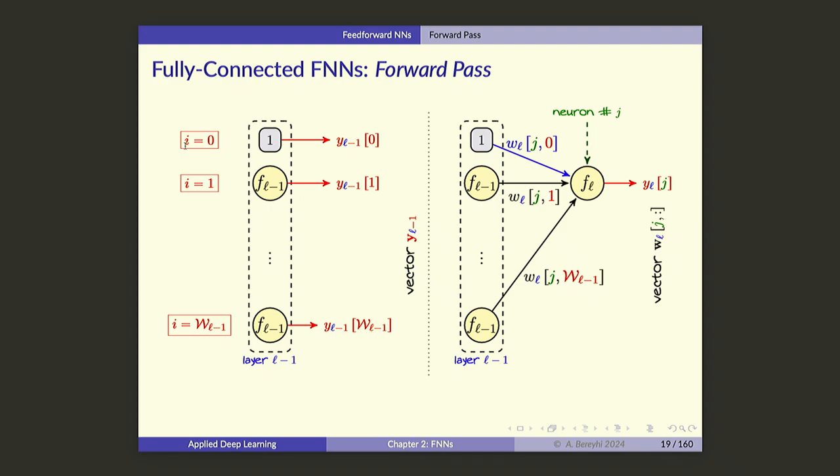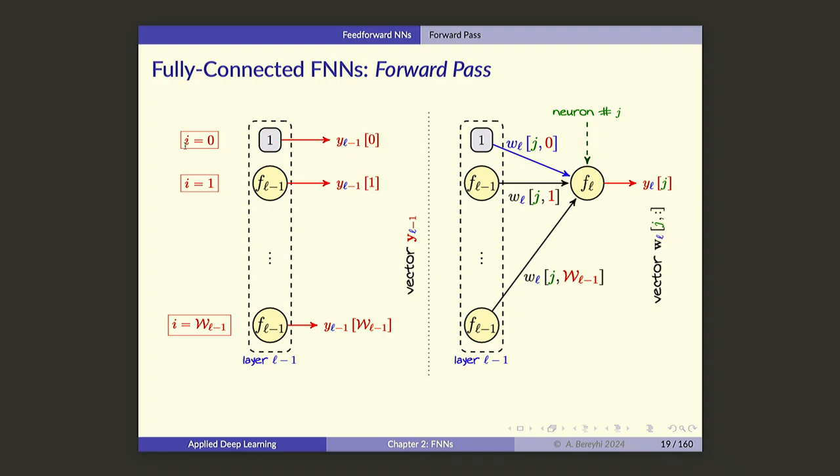Now, if I want to write down the output of this neuron, which I am going to show by Y of layer L at neuron J, how can I write it? It is the weighted version of these guys, right?